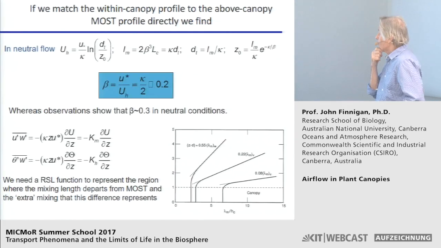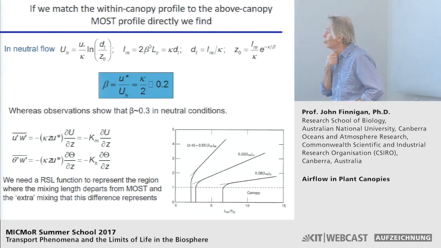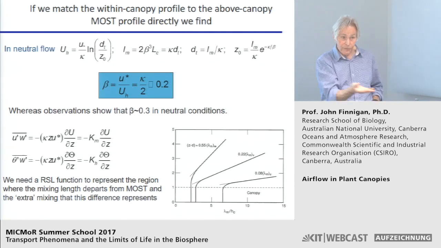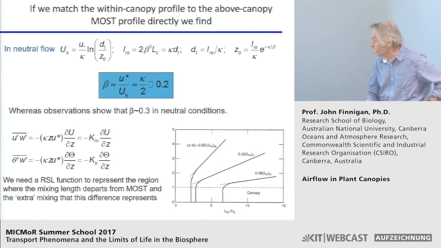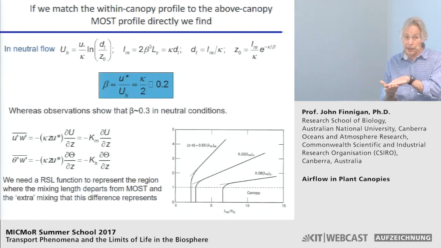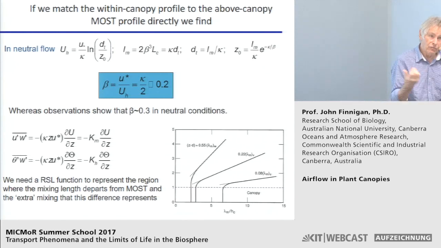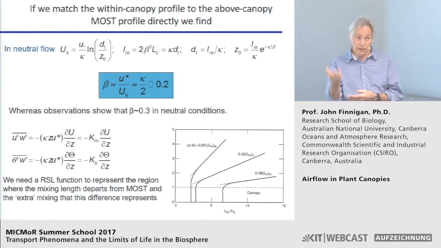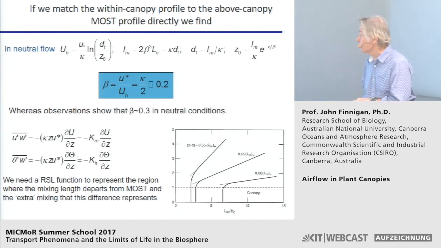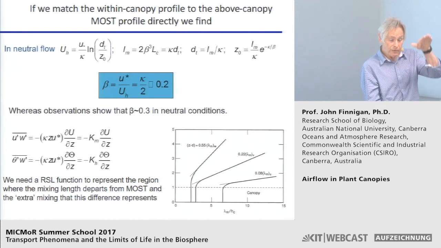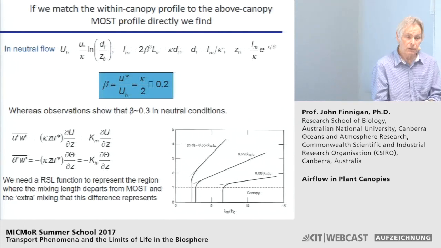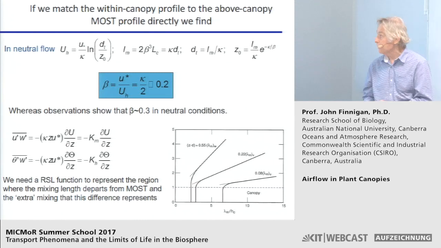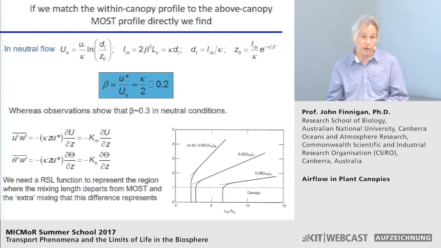Now, here's a bit of a paradox. If we take the log law above the canopy and the exponential profile within the canopy, and we match them, making some fairly sensible matching conditions, that the velocity is continuous and the transfer of momentum is continuous through the top of the canopy, we find out that the ratio of the friction velocity, u star, divided by the wind speed at the top of the canopy, is exactly 0.2, half of von Karman's constant.